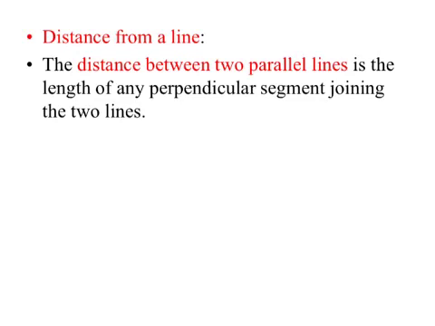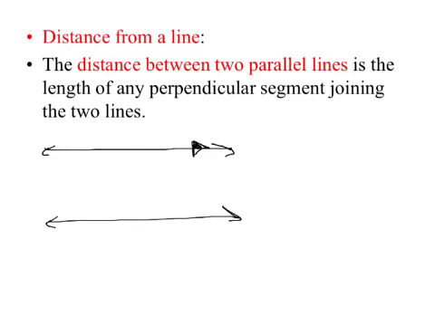So the distance between two parallel lines. I have two lines that are parallel. If I could only move the ones from the previous slide over. The distance between two parallel lines is the length of any perpendicular segment joining the two lines.